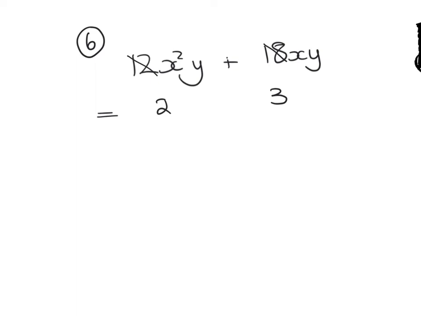Now I move on to my variables. You go to the variable with the lowest exponent. So this x, the exponent is 1 and that one is 2. So you'll take this one as your common factor and you'll divide that x into here and there'll be 1x left.